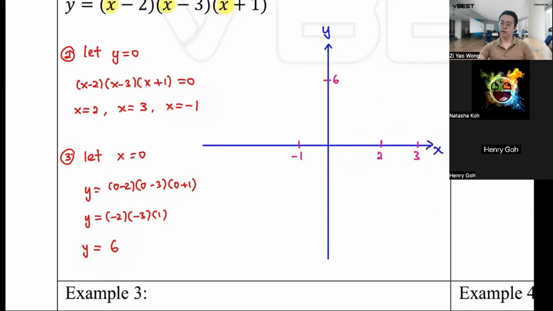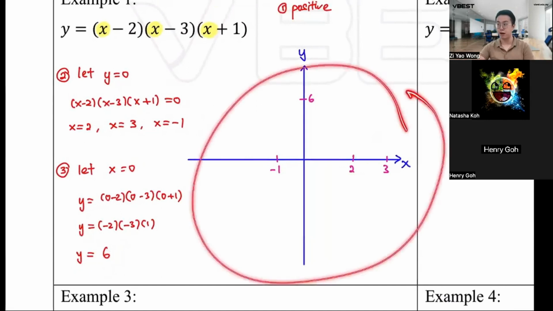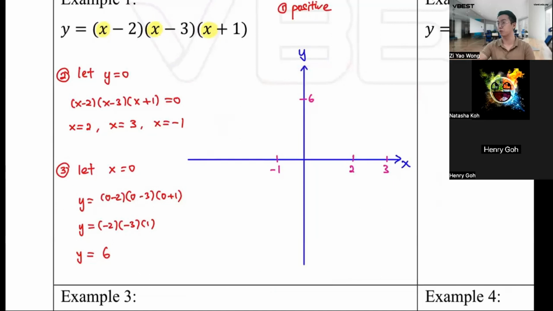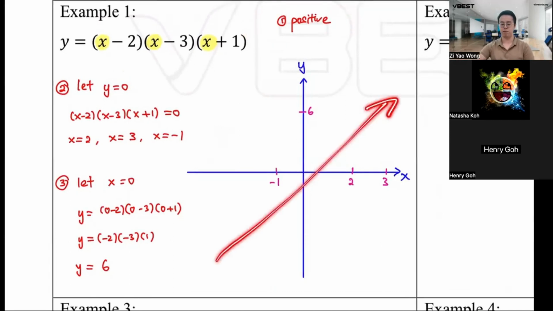So now, guys, from here you can see you have all the intercepts already. How are you going to sketch your graph? You know that you have a positive cubic curve, and a positive cubic is an upward slope. Positive cubic is an upward slope. So now I know that I need to start from here.